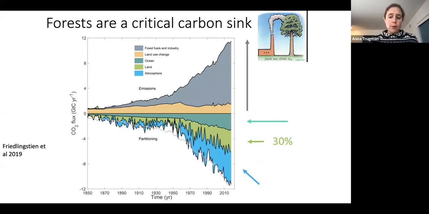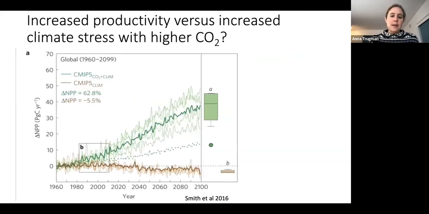And if we're looking forward to understand how this piece of the terrestrial carbon cycle might change with future climate change, it's actually really uncertain. On the one hand, with increased atmospheric CO2, you expect increased productivity. So these are two separate simulations from the Coupled Model Intercomparison Project, phase 5.